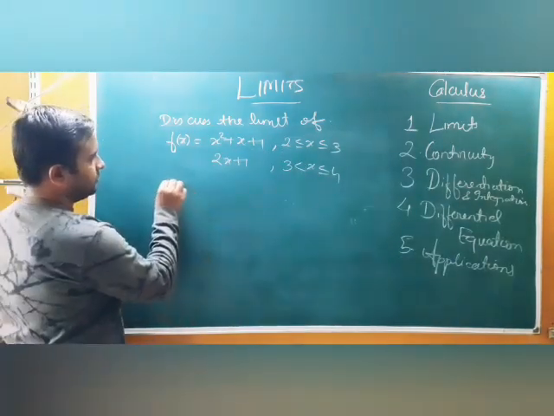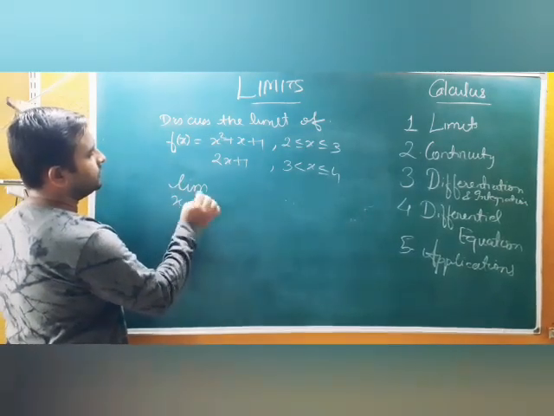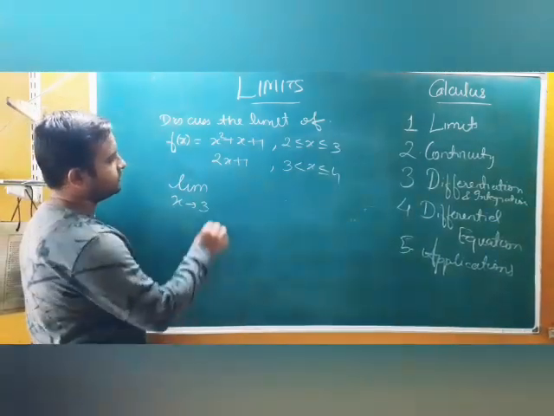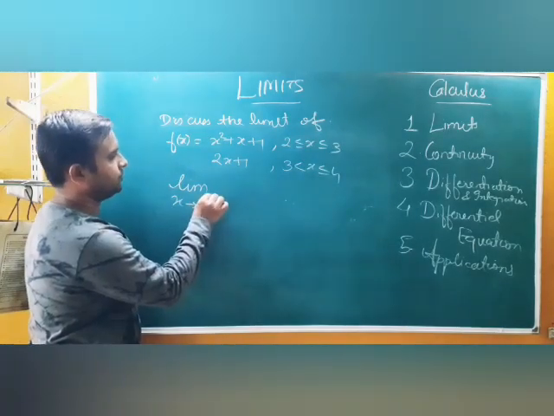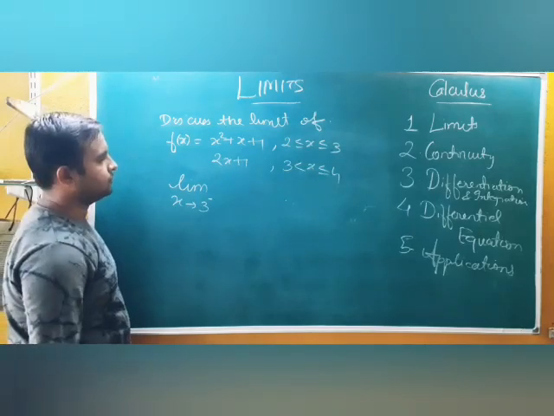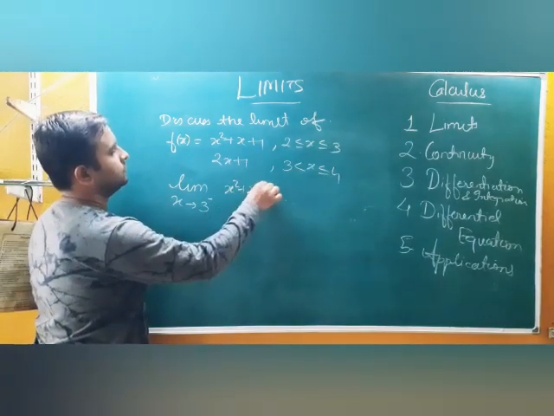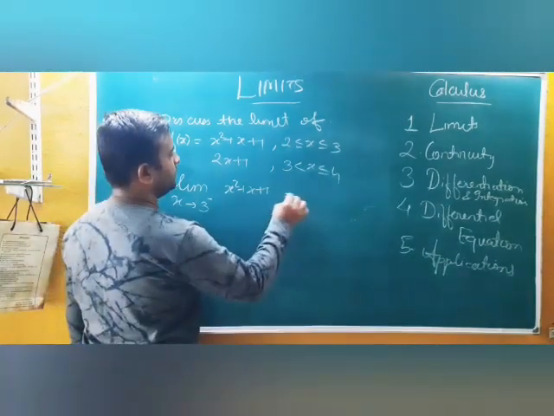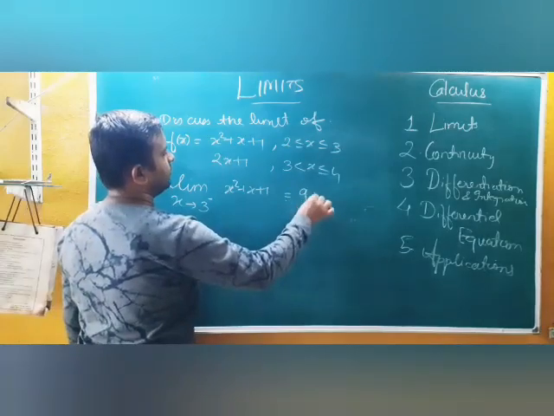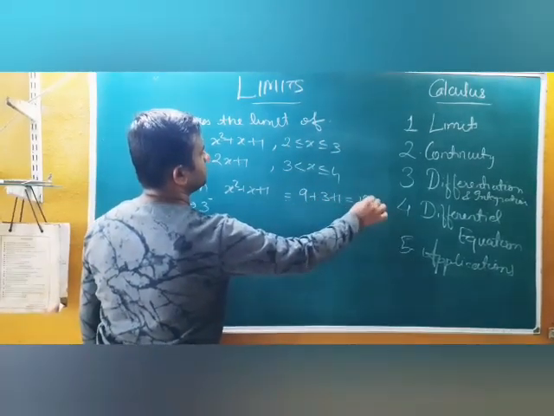So how can we write this limit as limit x tends to 3? If we are approaching from the left hand side, you will say 3 minus. Remember, whenever you are approaching from the left hand side, you will say 3 minus x square plus x plus 1. Let's put the value in this function. So it will be 3 square 9 plus 3 plus 1. The answer is 13. Right?